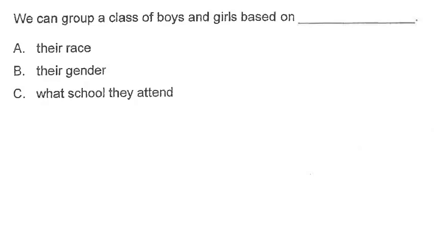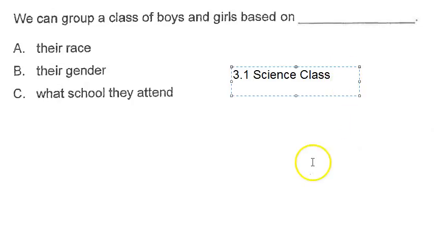Well, I believe you can, right? So let's say we have a science class. Maybe our science class 3.1. Now this 3.1 science class can be divided into groups of people, right?